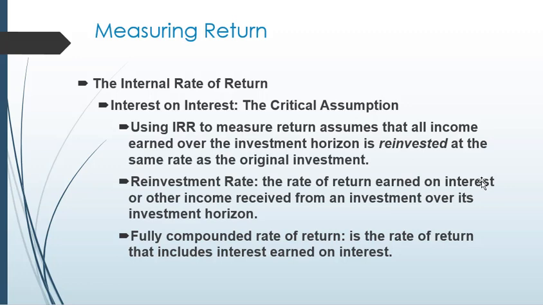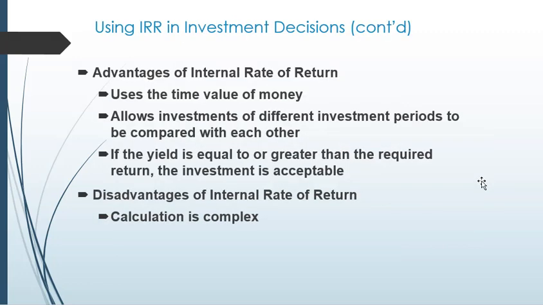So this reinvestment rate is the rate of return earned on interest or other income received over the future, right? So the fully compounded rate of return is the rate of return that includes interest earned on interest. We obviously want to incorporate the time value of money here.